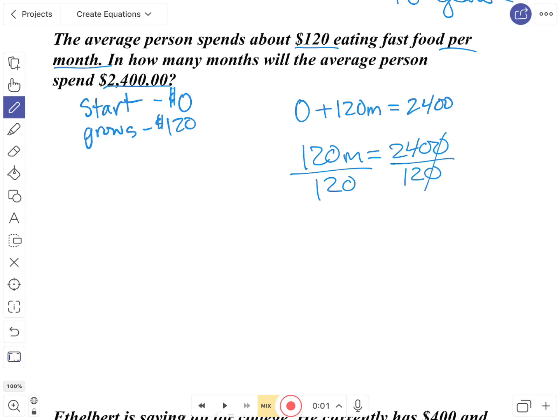So we can get rid of those zeros just like that, and we should end up with what? 20? Yep. So in 20 months, almost a year, which is a lot of money if you think about it, just eating out, when there's cheaper ways to do that. But again, start and growth to get our equation.